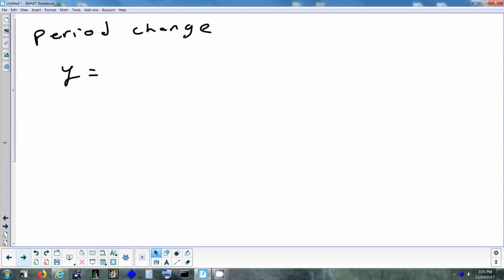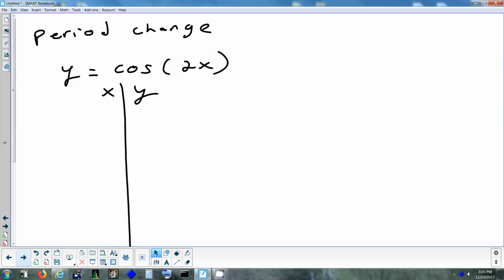So period change is when we stretch or compress the other way along the x-axis. So let's do a cosine. Period change, stretching and compressing along the x-axis. So that means the y's stay the same.